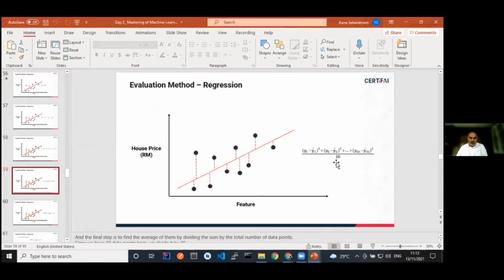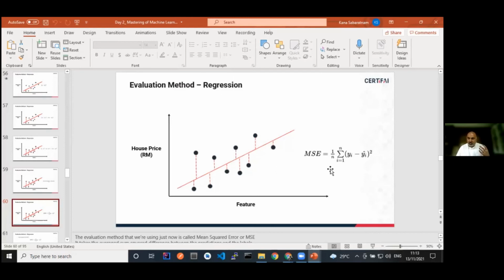So this is called mean squared error. That means I am taking the error against the mean value, because I am subtracting the predicted from the mean value of the entire data set. Then we take the square, basically like the Pythagoras theorem.